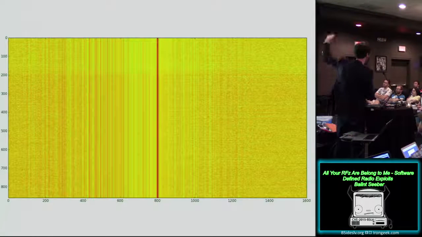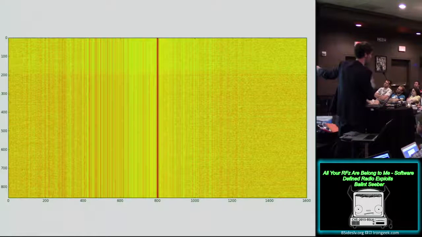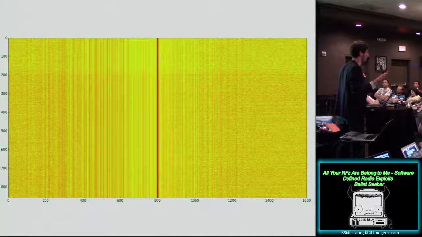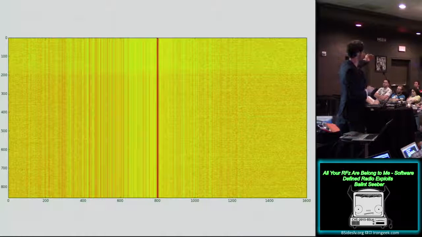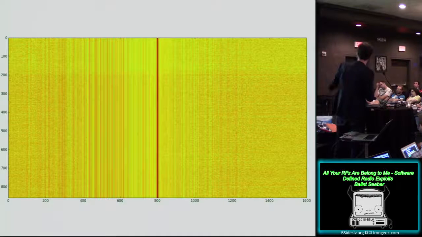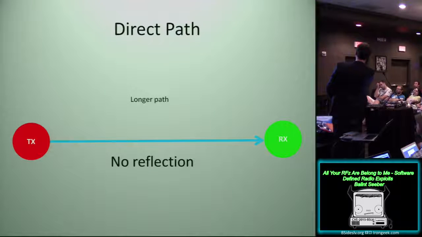Now, if you look at that over time, then you can see you have this really bright red line, which is your correlation peak, and everything to the left and the right is really low amplitude. So there's nothing there. In this case, we're just receiving the direct signal from the television tower, and we have a nice, strong peak. Now, if you consider the direct path, there's no reflections, you're just getting the direct transmission from the TV tower.